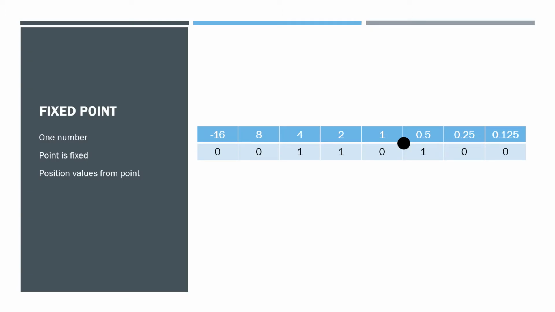So just to remind you, a fixed point number looks like this. Of course, there isn't really a blob like that floating around inside the computer. The point is just a way of reminding us where the values change from being integers to being fractions. And so the point and the position values are just two ways of giving the same information.